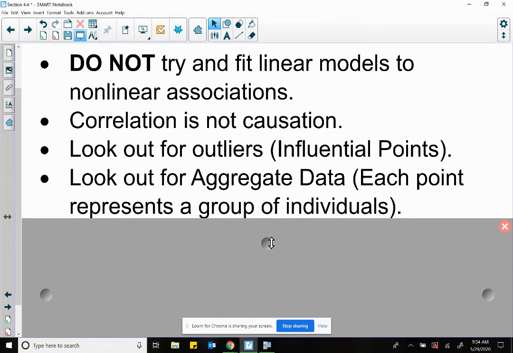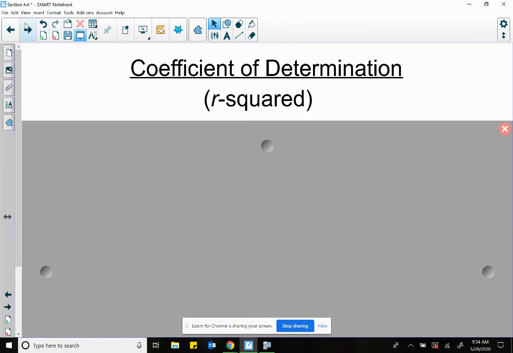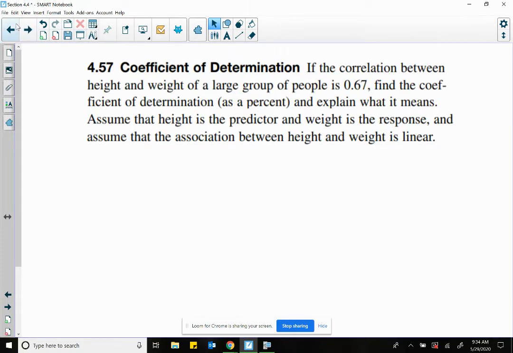So look out for aggregated data. Don't get me wrong, you can look at some things, but you just have to be careful, because if you look at aggregated data versus looking at it individually, sometimes it changes the way that you see things.